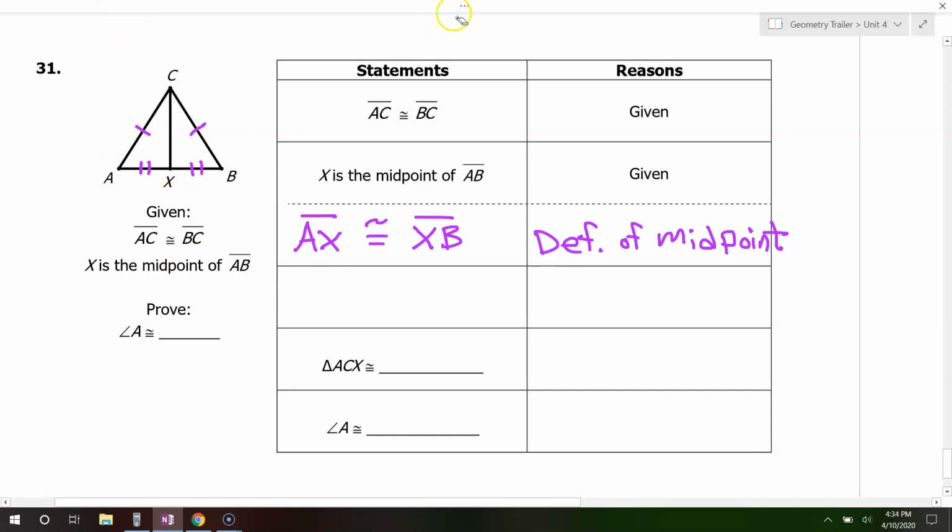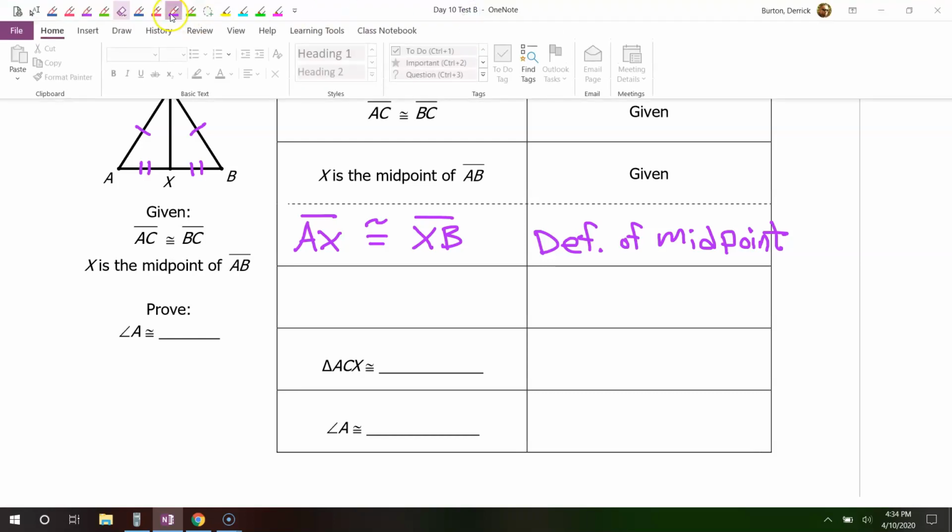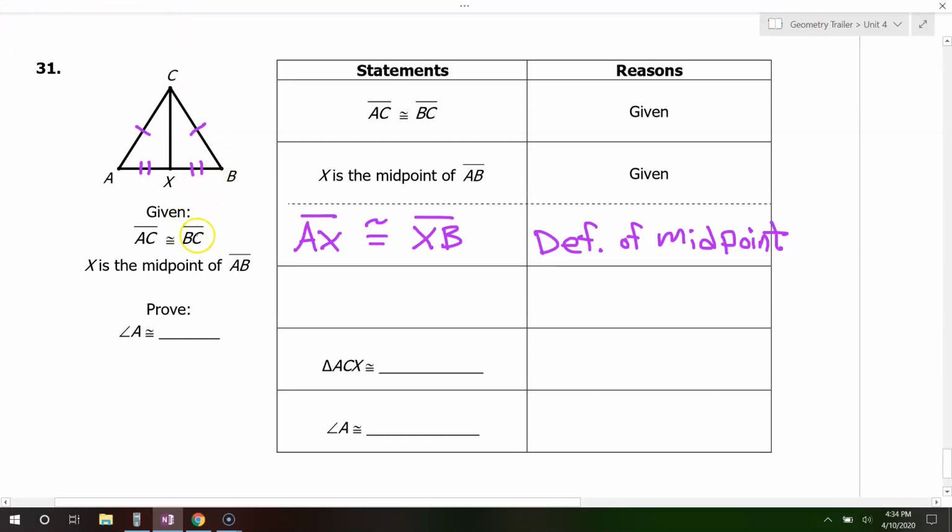Now, this is not enough to prove that the triangles are congruent yet. What else can we mark on this picture that's not already marked? Well, there's a shared side that's going to be congruent for both triangles. So that means that segment CX is congruent to segment CX.